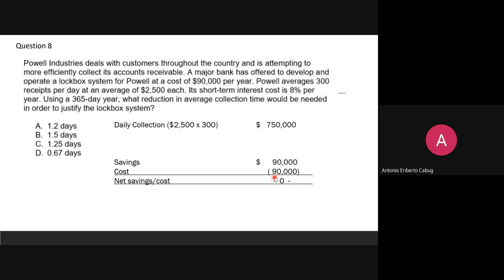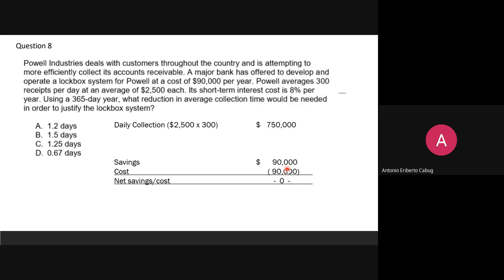So, to justify the lockbox system, at least hindi tayo magkakaroon ng net loss. Zero ito at least. Do not be negative here. It's zero or above. Positive better. So if the cost is 90K, the savings should be at least 90,000.